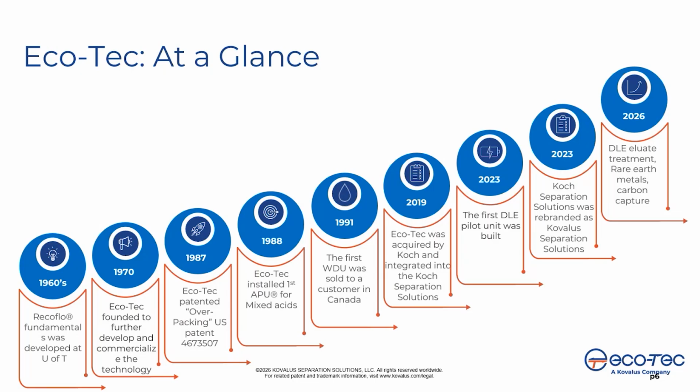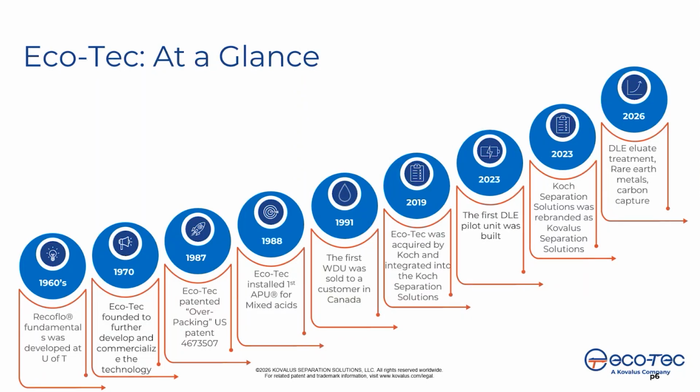In 2019, CaCO₃ was acquired by Koch Industries and integrated into Koch Separation Solutions. We built our first DLE pilot unit in 2023, and later in 2023, Koch Separation Solutions transitioned to new ownership and became Covalis Separation Solutions.